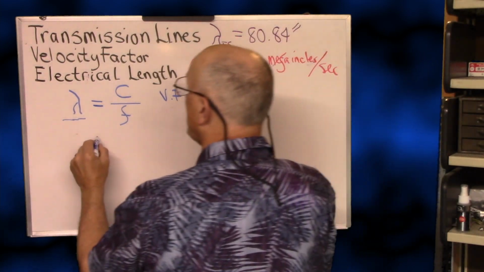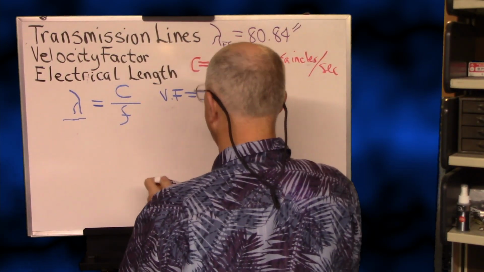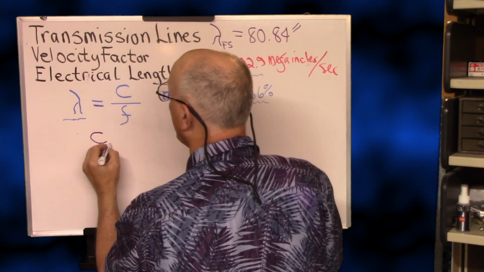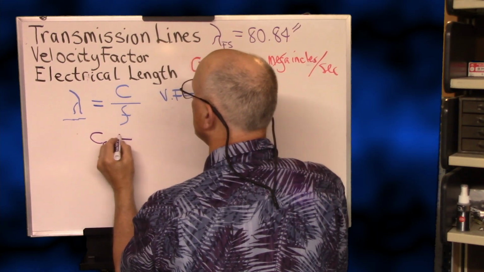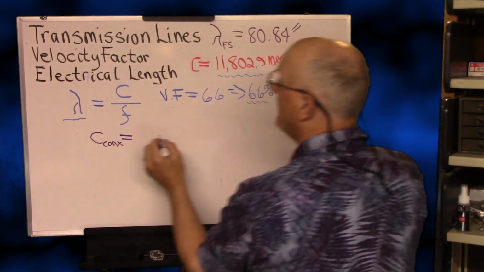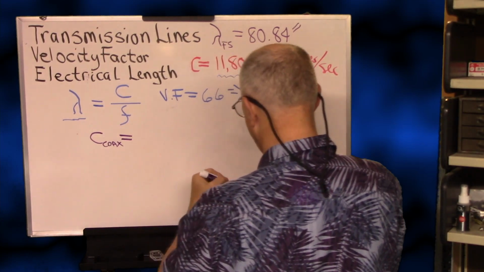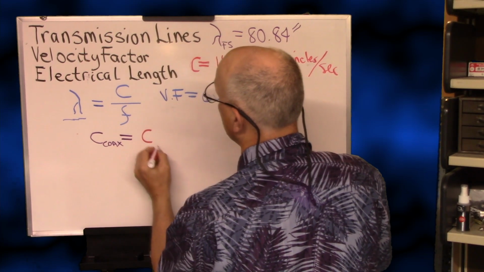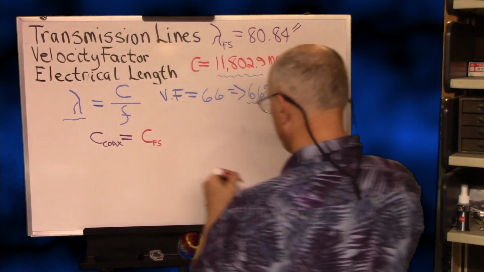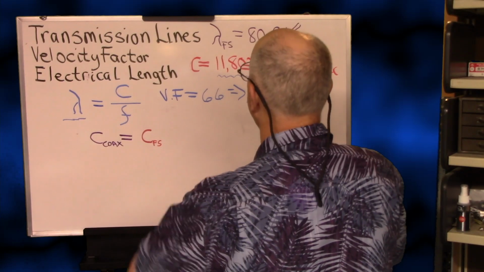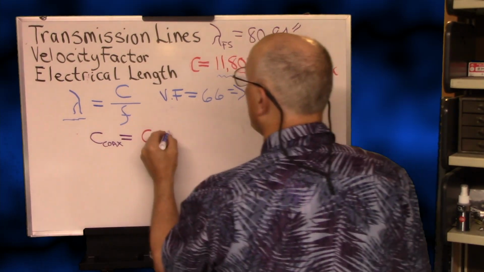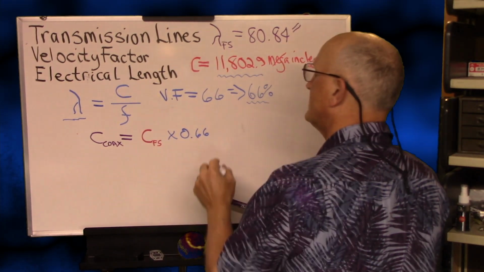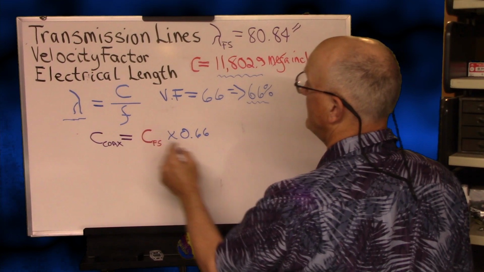So we would say then the speed in the coax is equal to the speed in free space, and I'm going to keep my consistency here, speed in free space, and then we're going to multiply this by 0.66 because it's 66% of this.